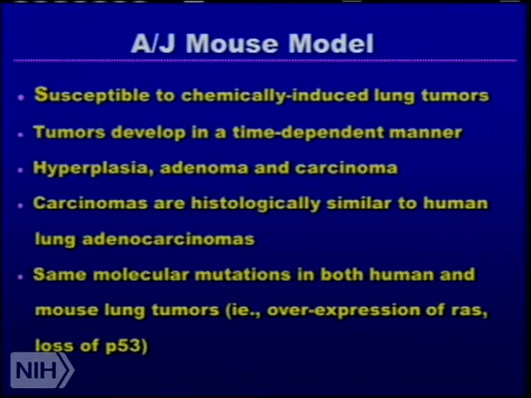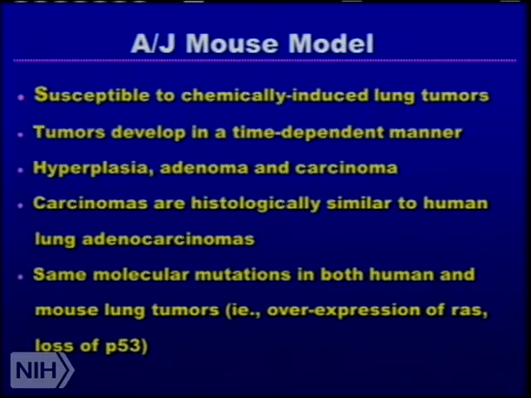We employed the A/J mouse model first because this mouse model is known to be very susceptible to chemically induced lung tumors using such carcinogens as ethyl carbamate or benzpyrene. The tumors develop in a time-dependent fashion, and they go through stages of hyperplasia, adenoma, and carcinomas, similar to the human lung cancer progression.